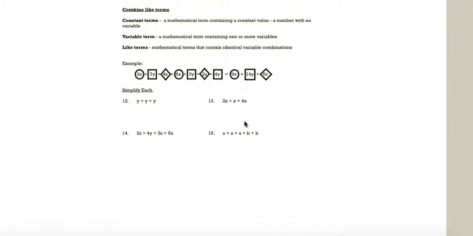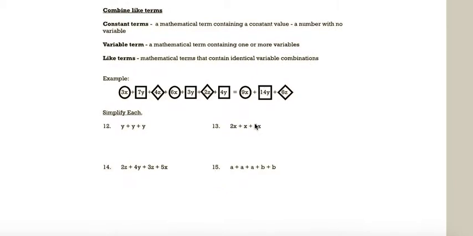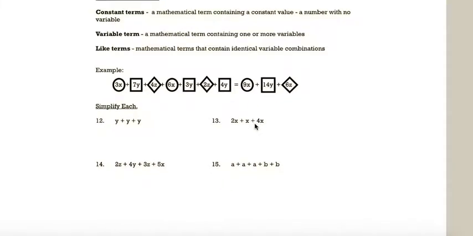All right, now we're on the back. Combining like terms. We have constant terms. It's a mathematical term containing a constant value, a number with no variable. Underline a number with no variable. Then we have a variable term.